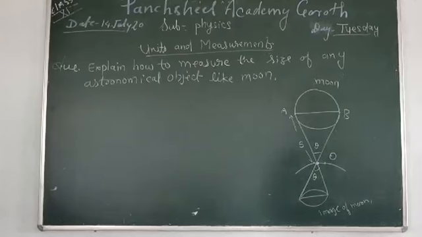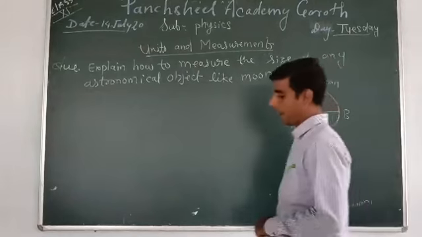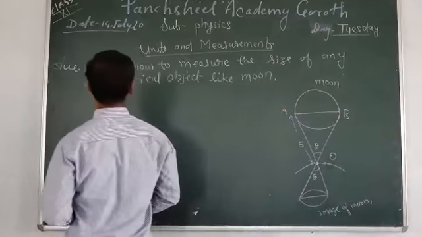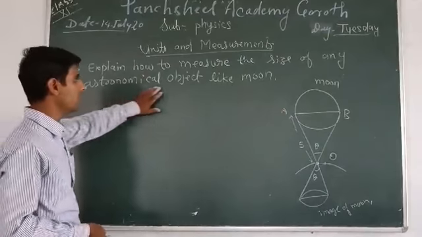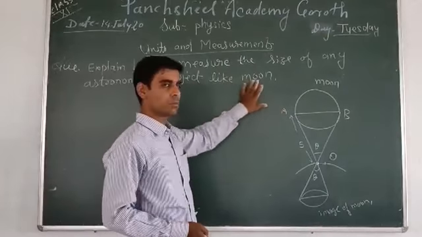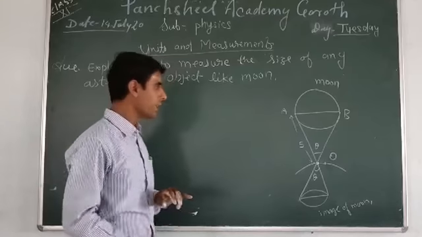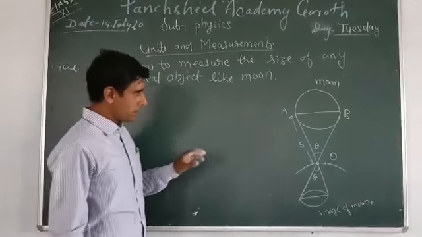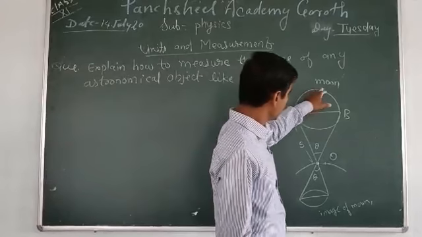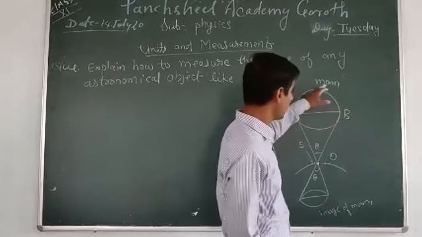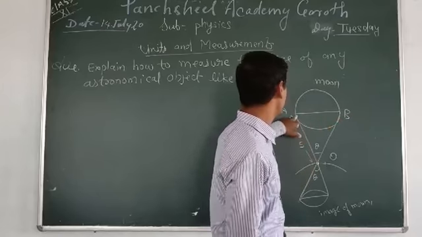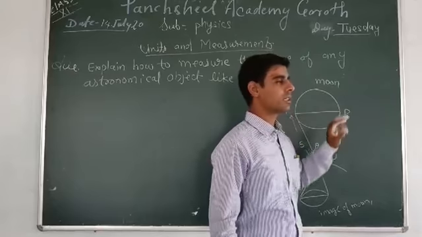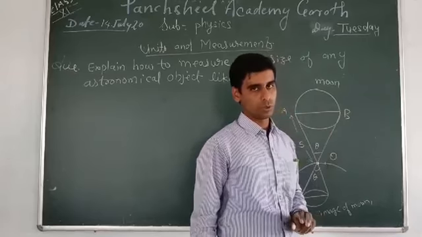Now this is the second application of the parallax method. Explain how to measure the size of any astronomical object like the moon. Suppose this is the moon and AB is the diameter of the moon.